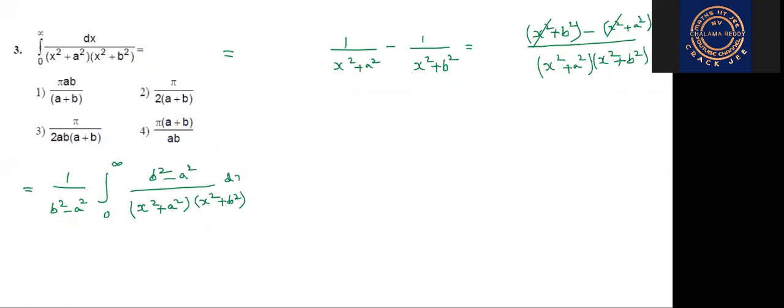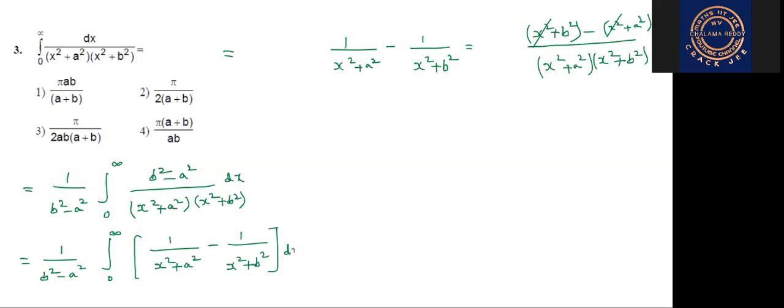Now we can split this. This is the same as 1 by b square minus a square, integration 0 to infinity, of 1 by x square plus a square minus 1 by x square plus b square.